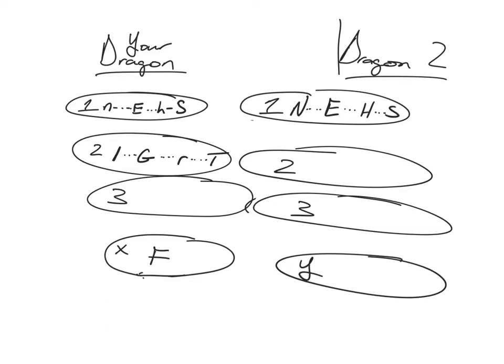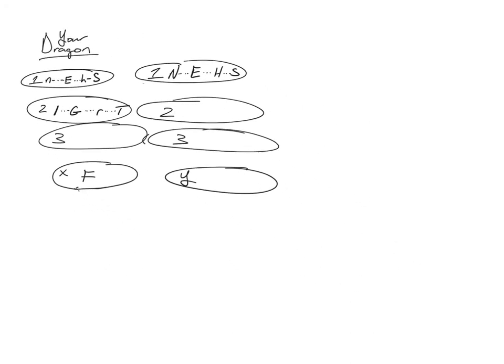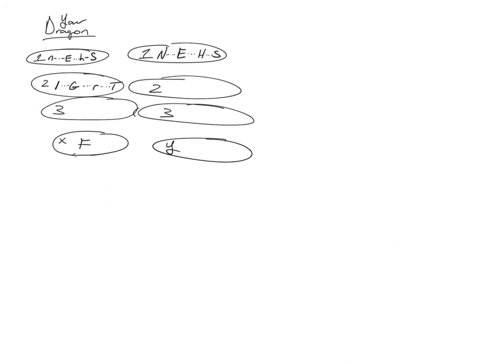That's your dragon. Your partner's dragon is going to have something similar. They're going to have their own genetic combination. This here is the genotype. The genotype for this dragon, for chromosome 1, is big N, little n, big E, big H, little h, big S, big S. Do you see that?